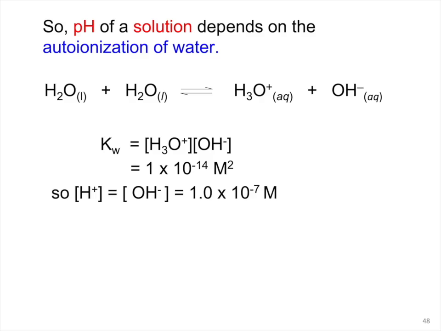So in order to calculate the pH, remember that the formula of pH is pH equal to negative log H+. So the concentration of H+ here is 1 times 10 to the power of negative 7. So the pH is 7. Since the pH of the solution formed is 7, therefore NaCl is a neutral salt.